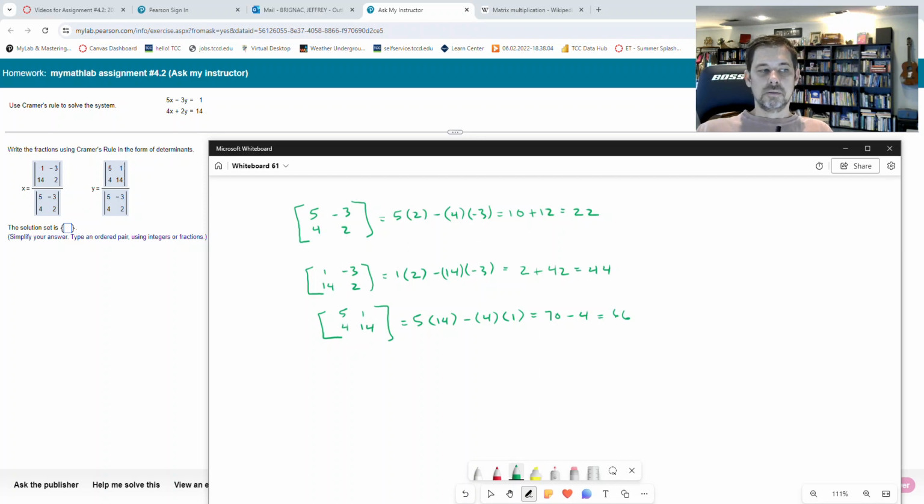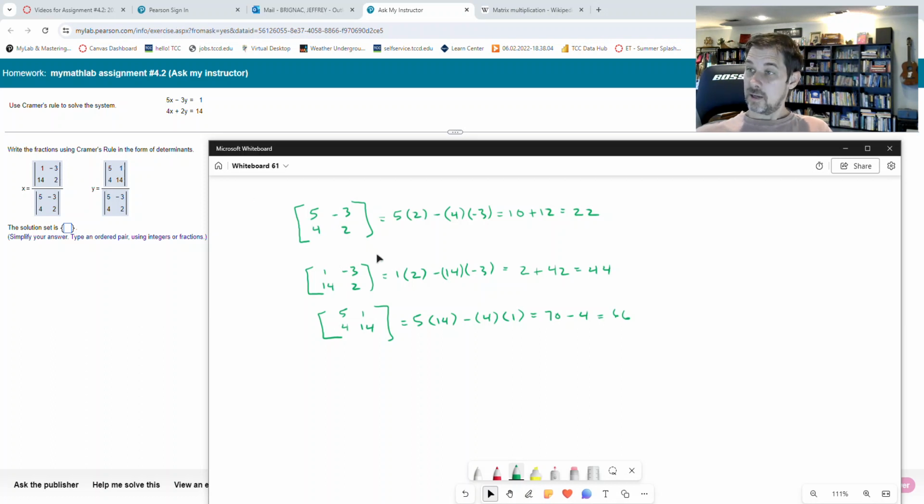Okay. So now you see that I've written down all of these determinants to calculate them individually. And this part I'm doing just as is in that other video that I referenced on Canvas. Okay, so I just took them one at a time. Like, what about this one in the bottom of both x and y calculation? Okay, so that's 5, 4, negative 3, 2.